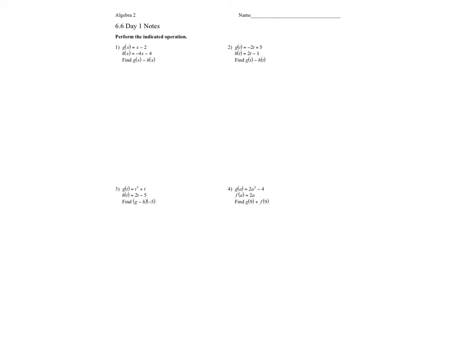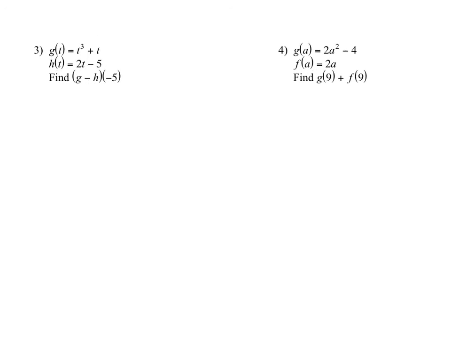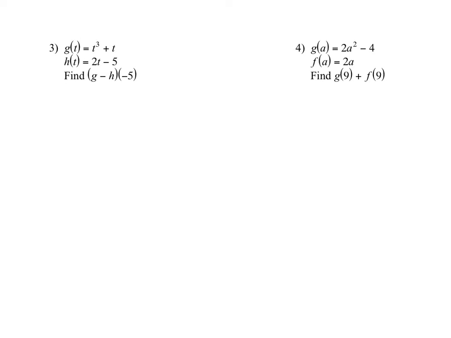Okay, so as we look at 3 and 4, the process for these is the same. If you'll notice here on number 3, I want to take g minus h. So I'm going to take this guy minus this guy. So it's going to be g, which is t cubed plus t, and we're going to subtract h, which is 2t minus 5.